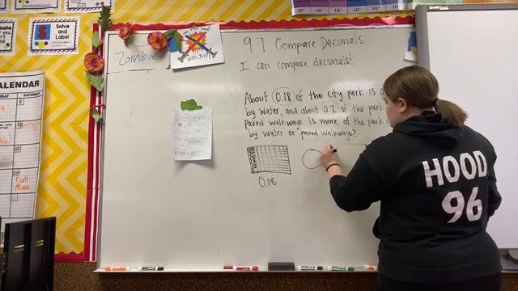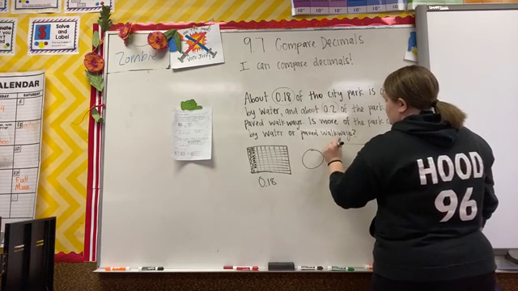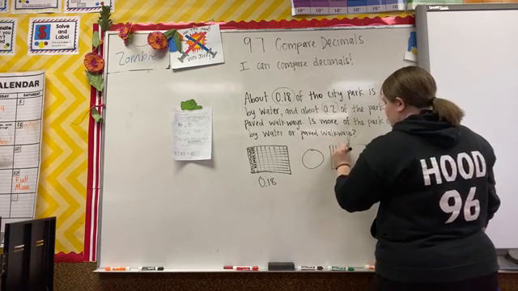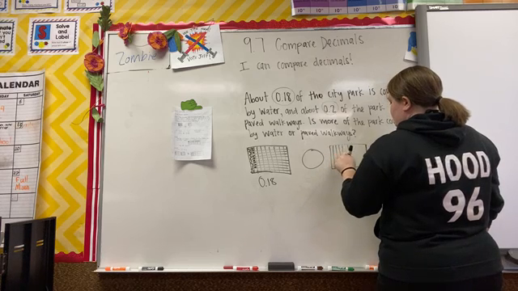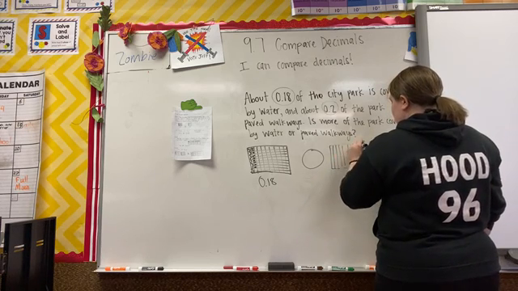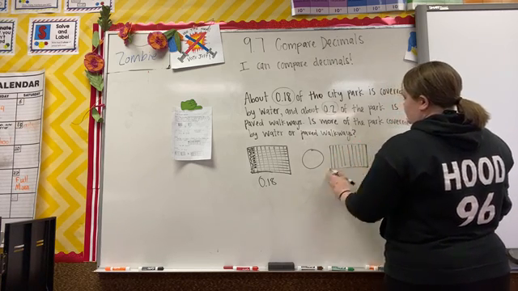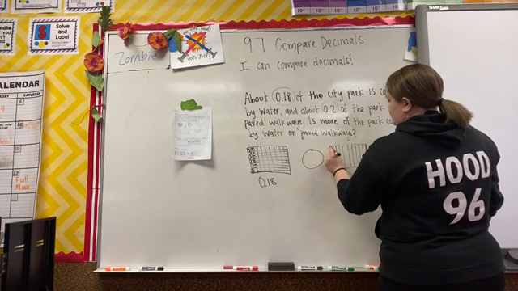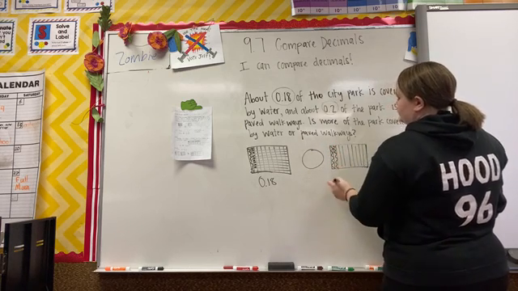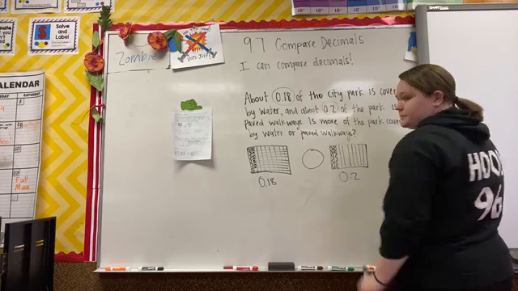So 2/10ths, that means that I'm not making a hundredths grid, I'm making a tenths grid. Okay, so I have 10, and I have 2 out of 10. This is 2/10ths.